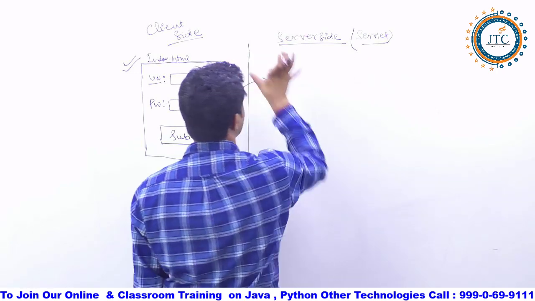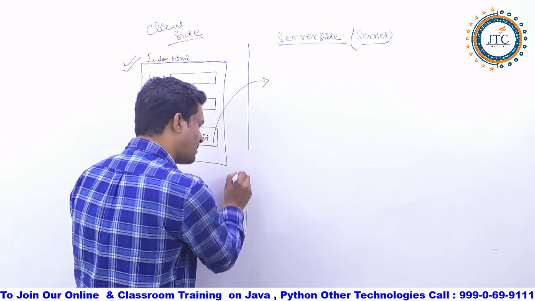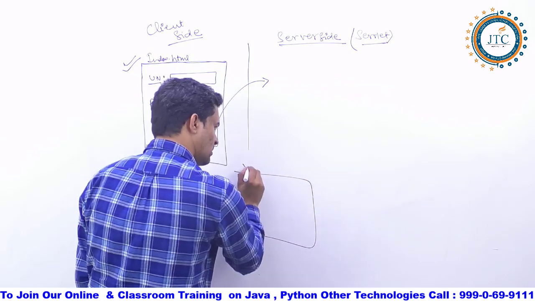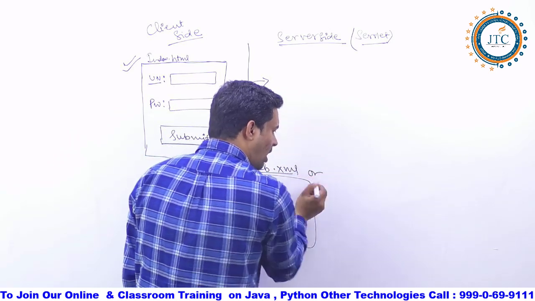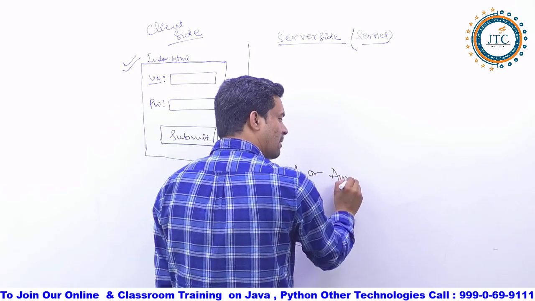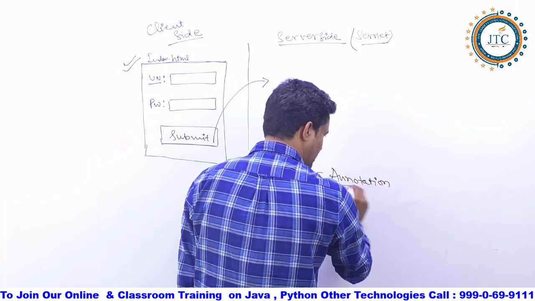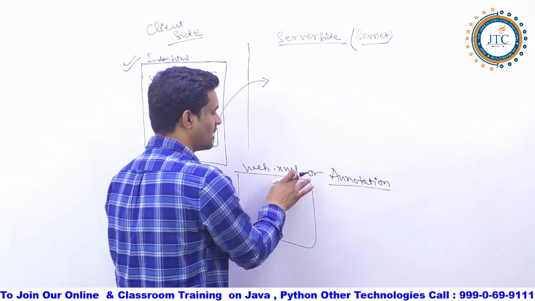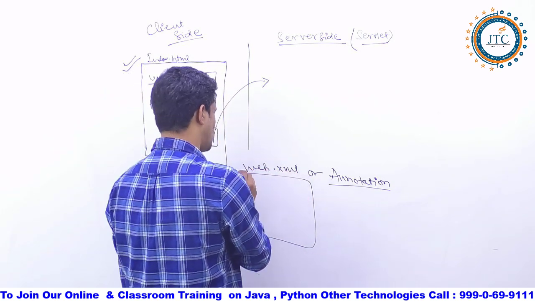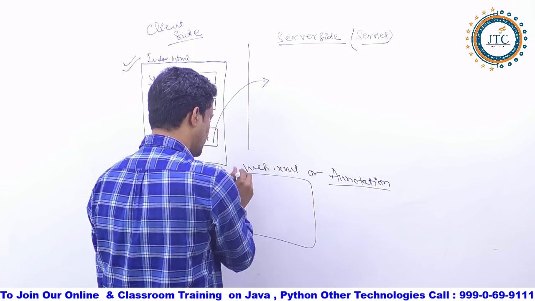And these both things you are combining with each other by using something called web.xml, or the same thing we can do with the help of annotation also. So we can use all that in different possible manners, in different forms we can write it here.